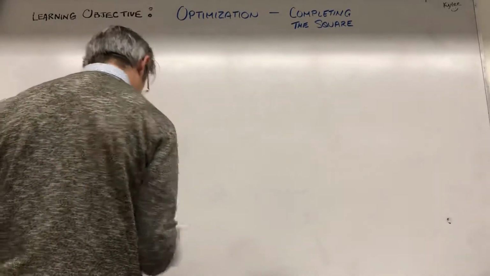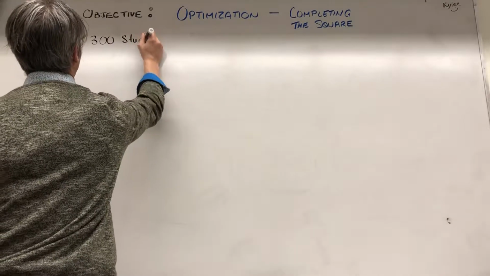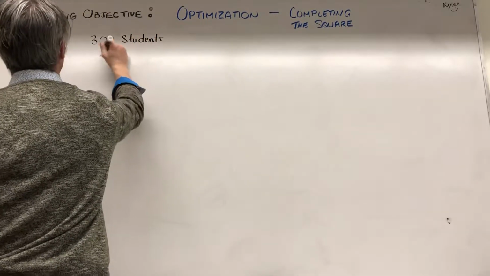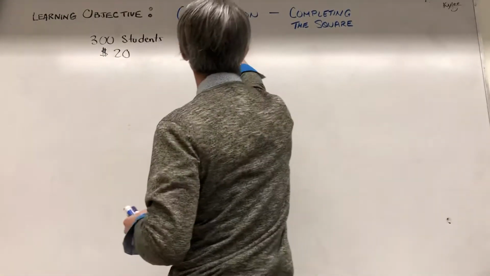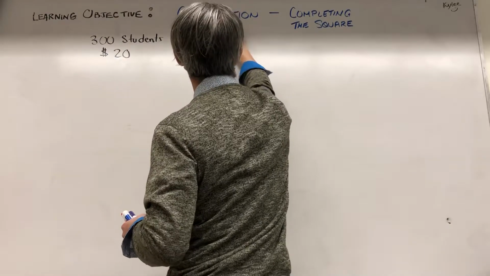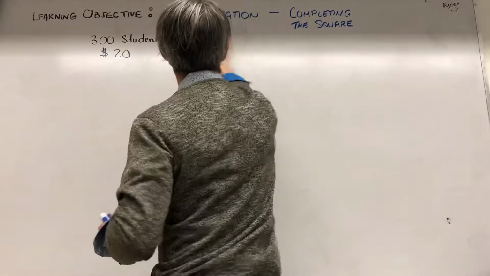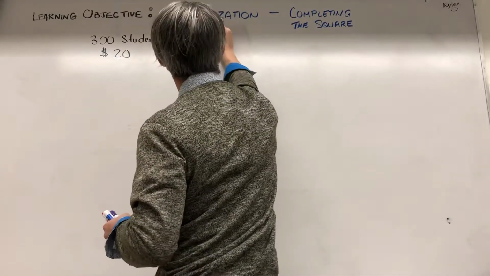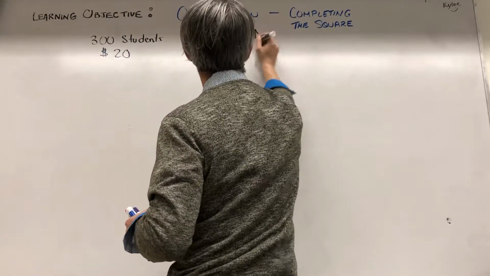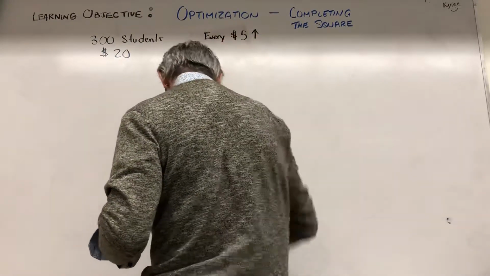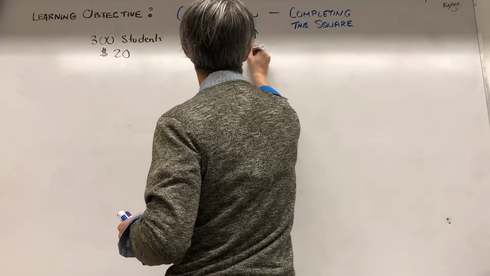Okay, so you have 300 students buying tickets at $20 each. Okay? And we know for every $5 increase, 30 fewer students will buy tickets.